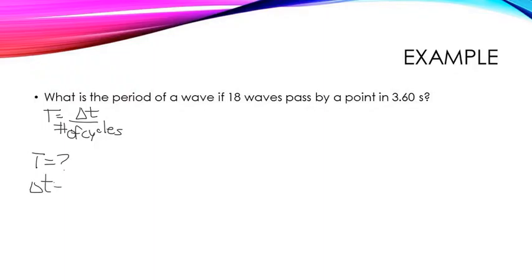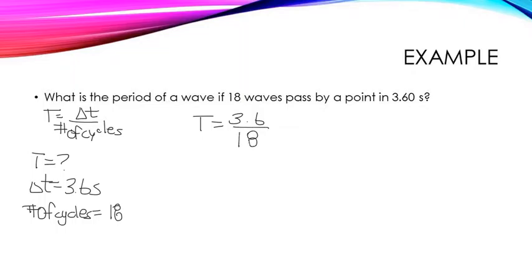Our change in time is 3.6 seconds, and our number of cycles is 18. We sub in T equals 3.6 divided by 18. And when I plug that into a calculator, I end up with T equals 0.2.